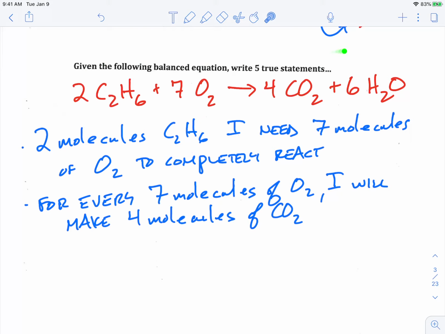And then I could also compare products to products here, which would be another way of approaching this. I could say something like, for every 4 molecules of CO2 that I make, I will also make 6 molecules of H2O. I could think about this on a small scale, comparing products to products.